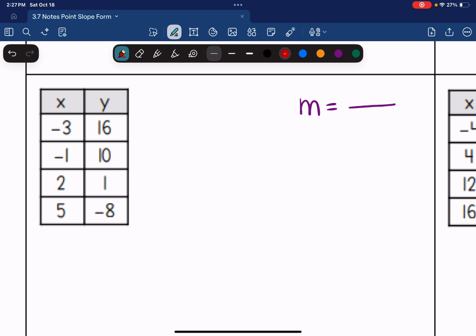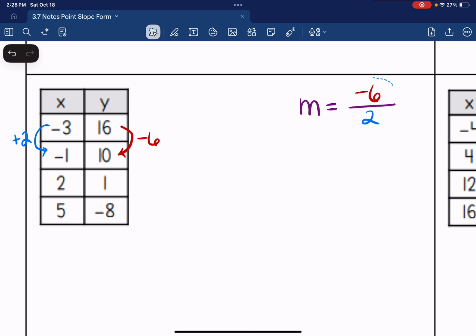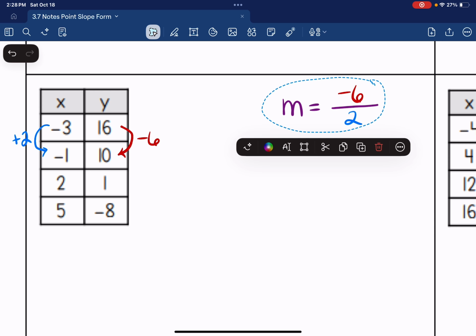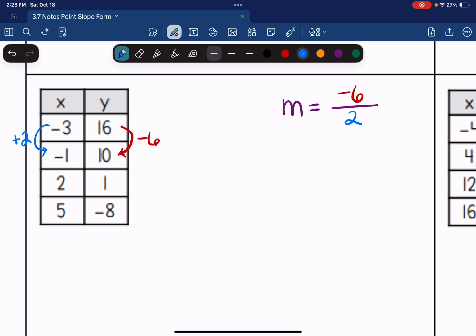Well, how do I move from positive 16 to 10? I subtract 6. Okay, well, what's my change in x? -3 to -1. In that case, I add 2. So we have -6 over +2. That represents the change in y over the change in x. So we get this fraction right here, -6 over +2, which of course we can just reduce, and it gives us a -3.